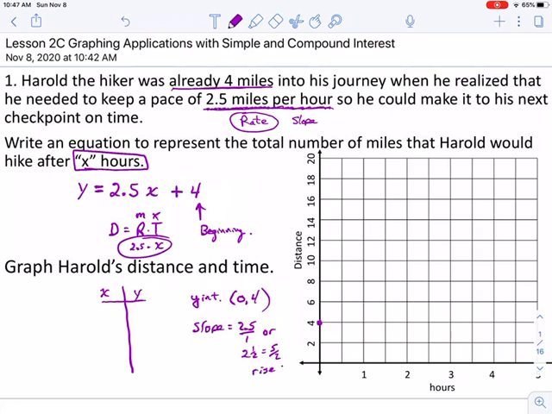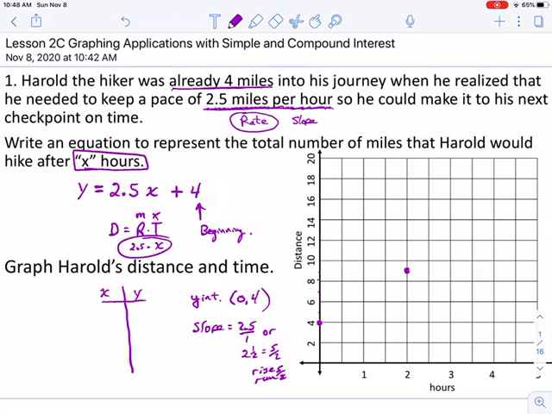So that would be a rise of 5 and a run of 2. Rise over run. So if we do that, rise 1, 2, 3, 4, 5. Right. So 4 plus 5 is 9, over 2. Look at how we're counting the hours. So over 2 would be all the way over 2 here.